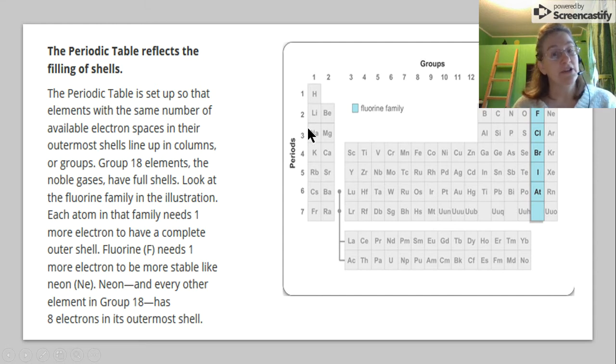And we've been talking about how the periodic table has this neat pattern. That is one of the things we can look at in the periodic table. It shows us this pattern of filling of the shells. Everything in the first group, or the first column, has the same number of valence electrons. All of them here have one valence electron. In the second group, they all have 2 valence electrons.